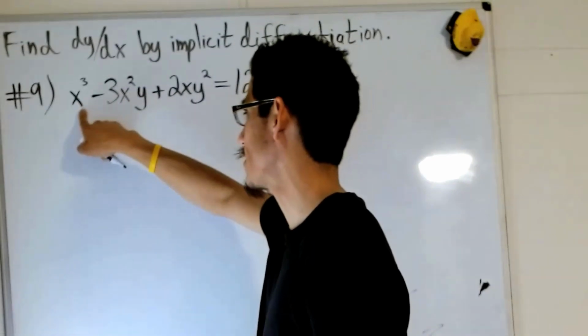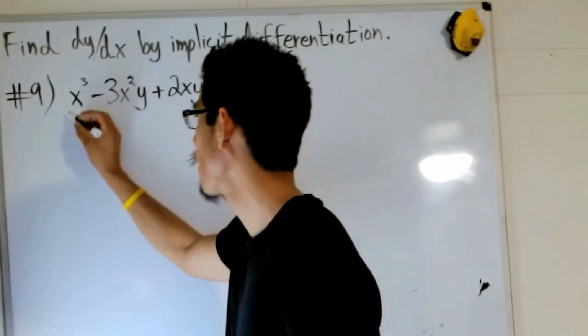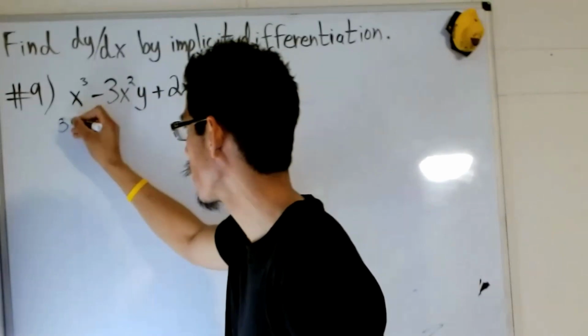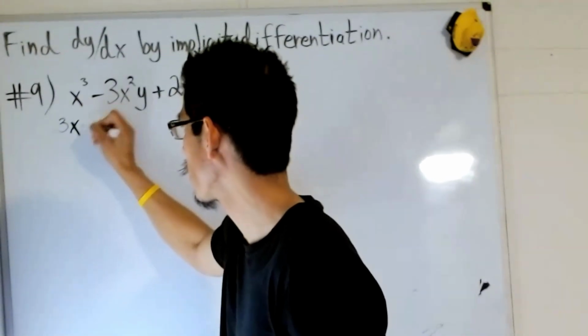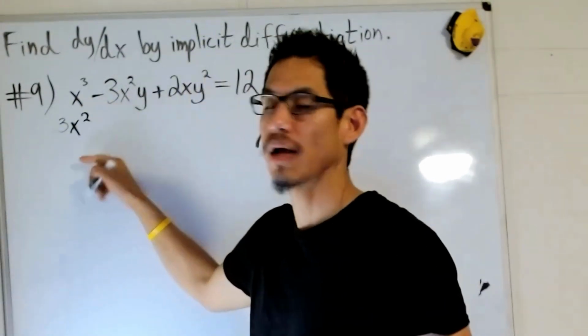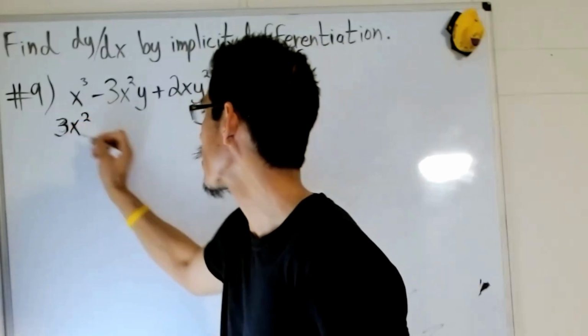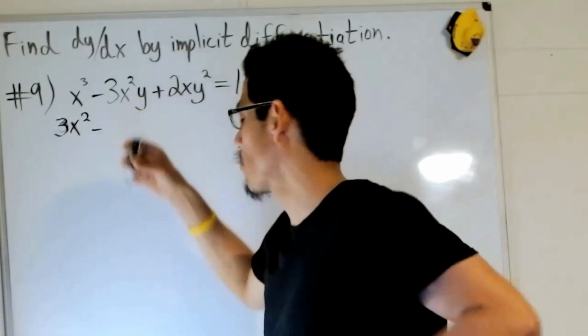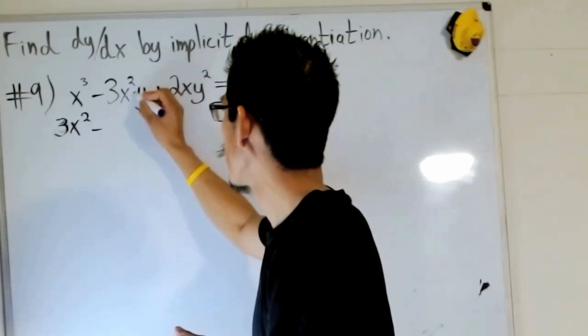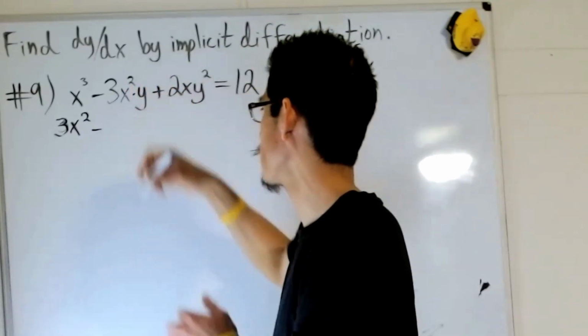So let's start off by taking the derivative of x cubed. That'll be 3x squared, just like normal. And here we have a product rule. We have 3x squared times y.